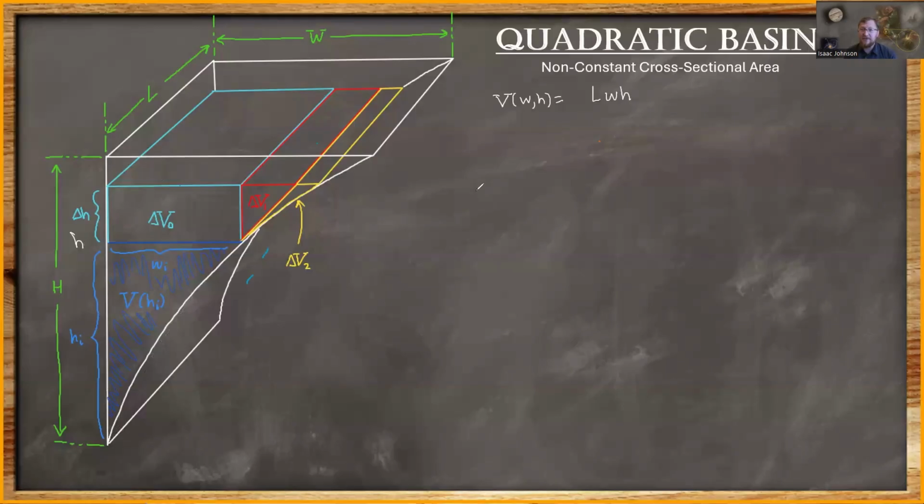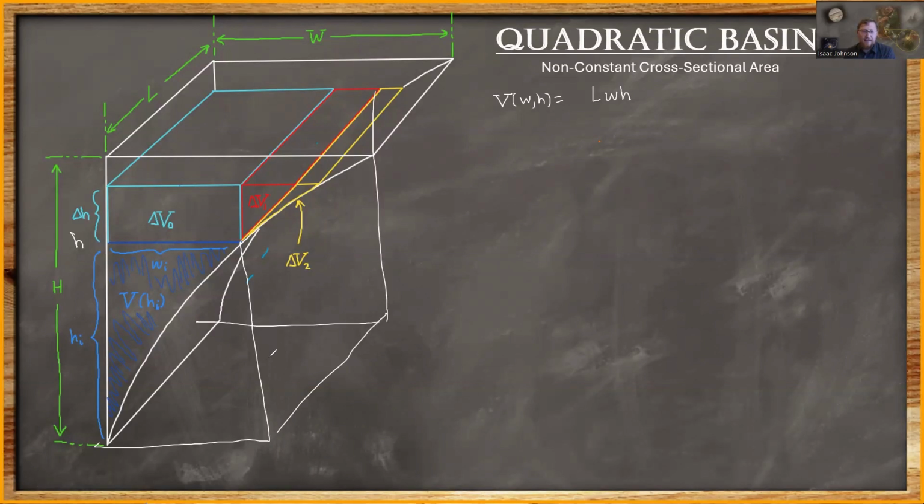But before we do that, I would just like to ask, does anybody believe that there should be some sort of a constant up here? Because remember, if you're filling it up to a certain height, there is what I would call a bounding box, and that bounding box has volume, length times width times height.